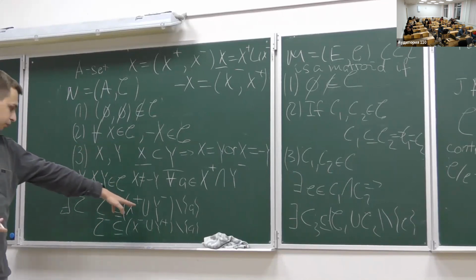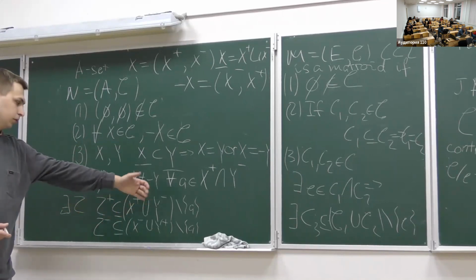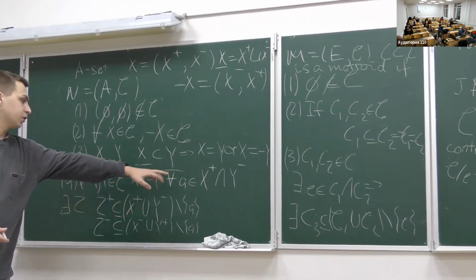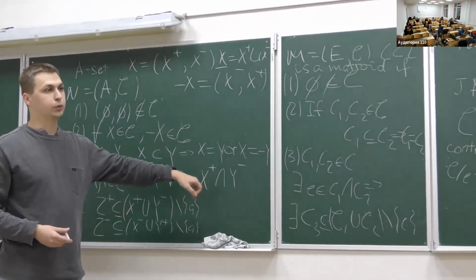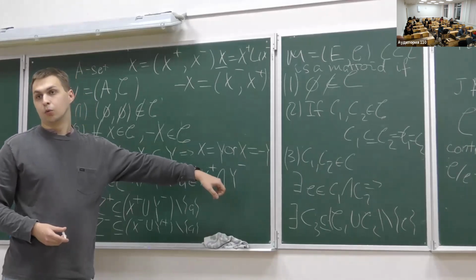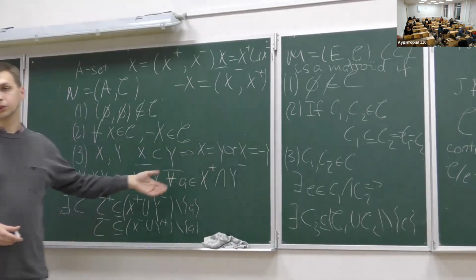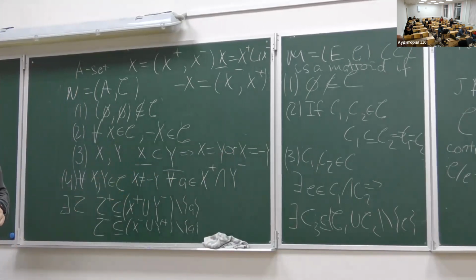So for these pairs, we can take opposites to catch these intersections. If we had a pair where X plus intersects with Y plus, we would just take the opposite of Y and then still use this axiom.